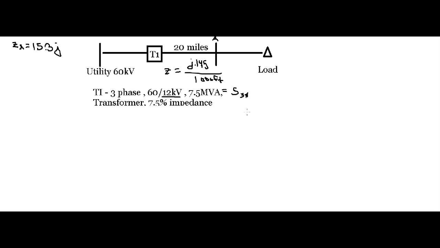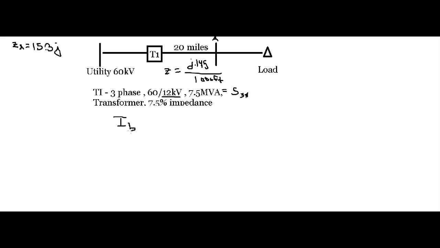And then for my base voltage, I just used the secondary voltage of the transformer, 12 kV. The solution in the book used a three-phase base power of 100 MVA. Either way, you'll get the same answer. So this will give you some different methodology and show you can get the answer both ways.